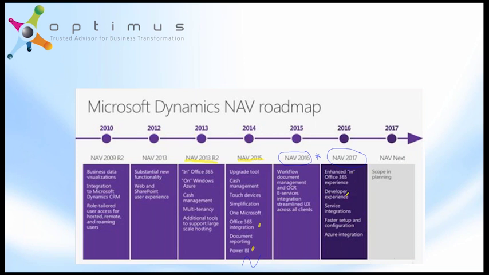So we'll dig in a little bit deeper in the roadmap and the transition, but instead of doing it from the NAV perspective, we're also going to do it in a somewhat holistic perspective, and we'll show it from the SSRS side and the Power BI side.